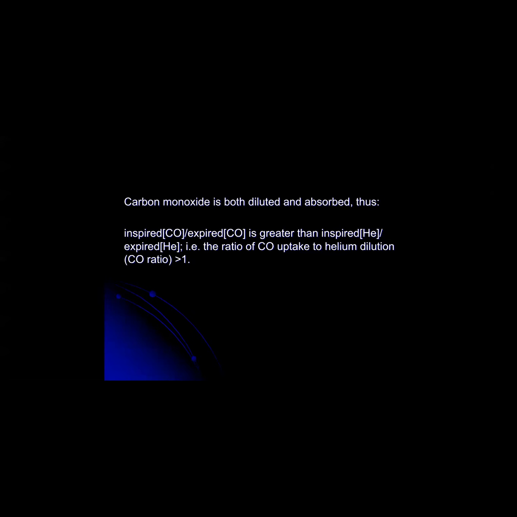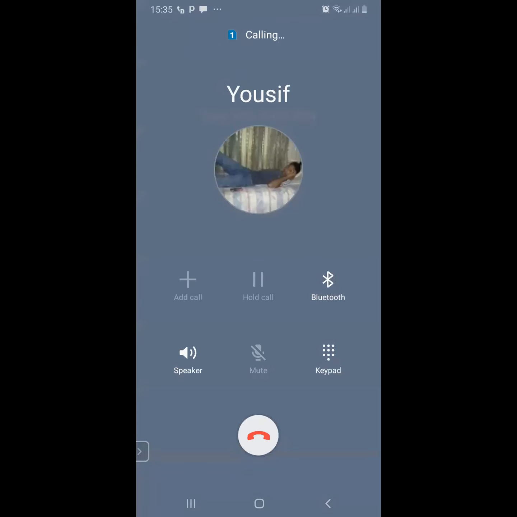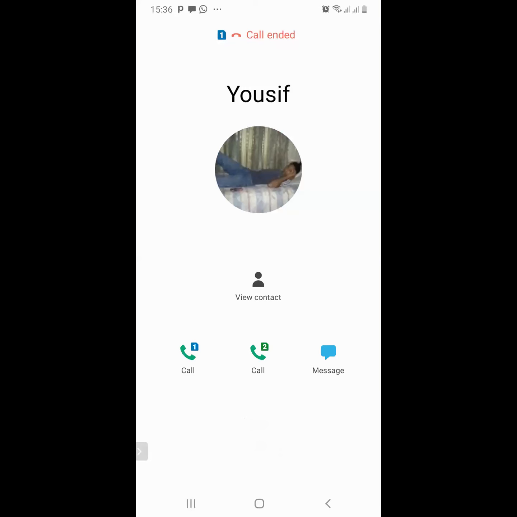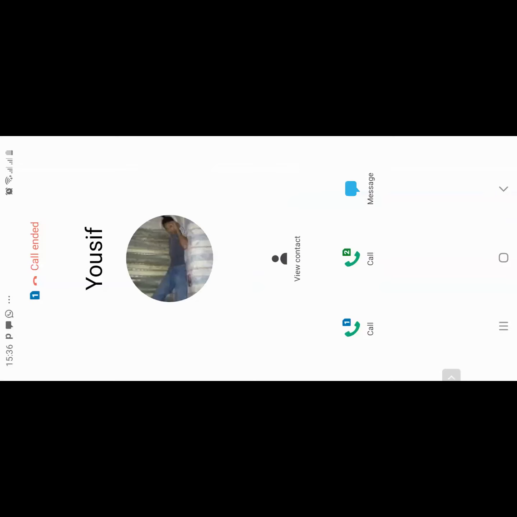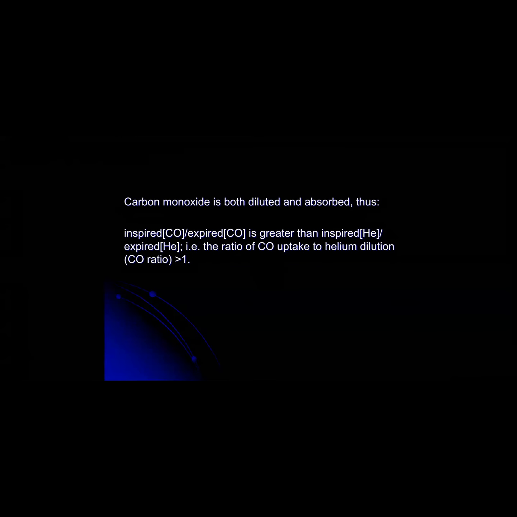The ratio of carbon monoxide uptake to helium dilution must be more than 1 because we know that carbon monoxide is both diluted and absorbed, and the helium is neither diluted nor absorbed.